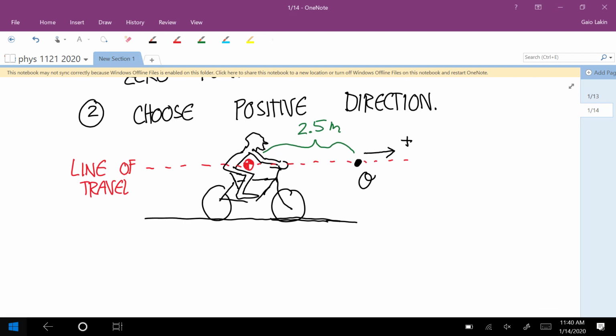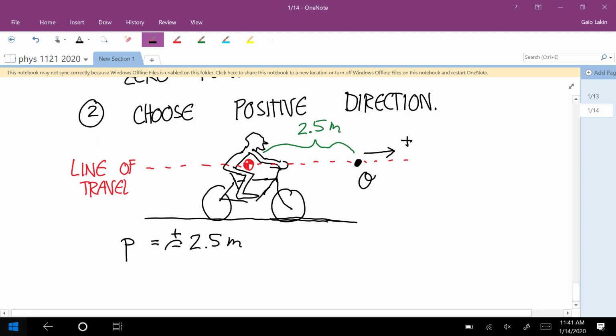So then numerically, what's the position? The position is a distance of 2.5 meters. And when you start in the 0, are we going in the positive direction or the negative direction to get to the bike?